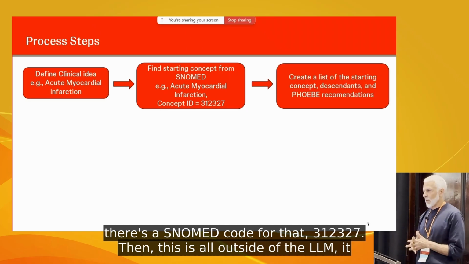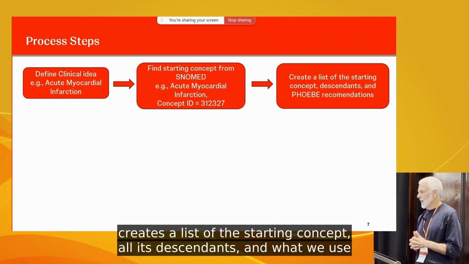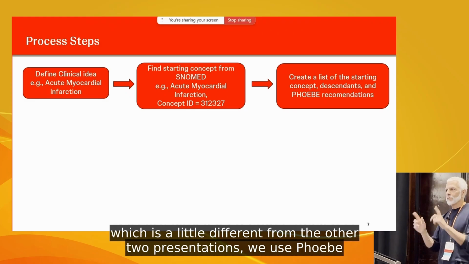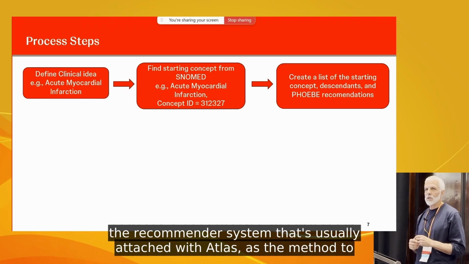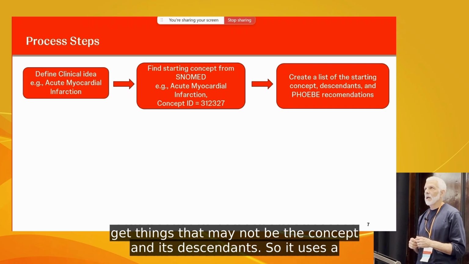Then, this is all outside of the LLM, it creates a list of the starting concept, all its descendants, and, what we use, which is a little different from the other two presentations, we use Phoebe, the recommender system that's usually attached with Atlas, as the method to get things that may not be the concept and its descendants.